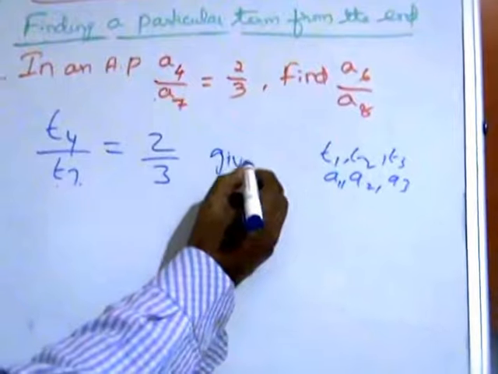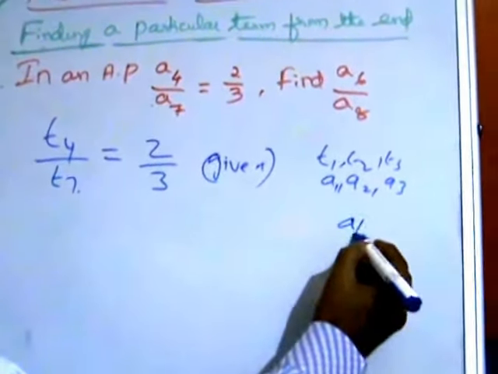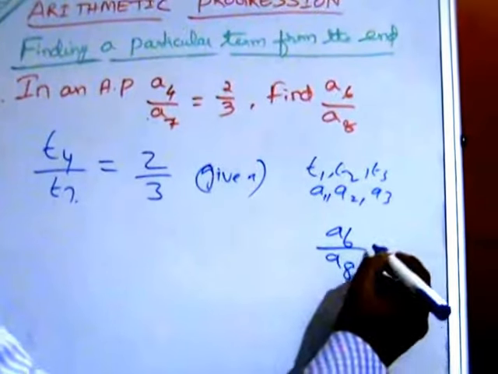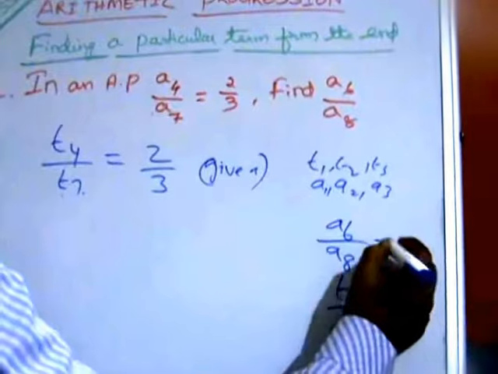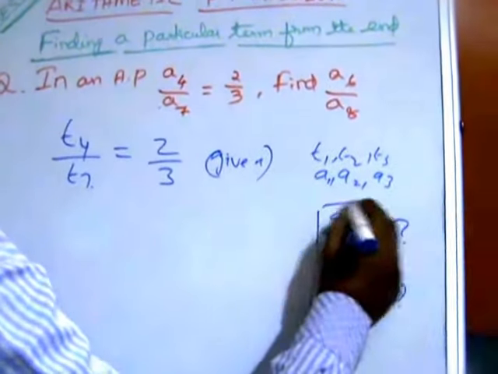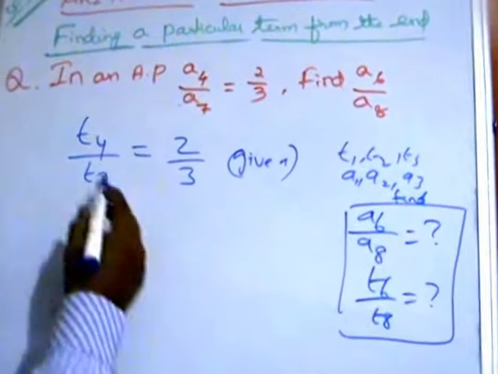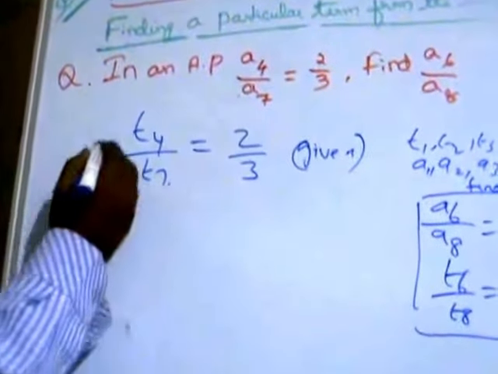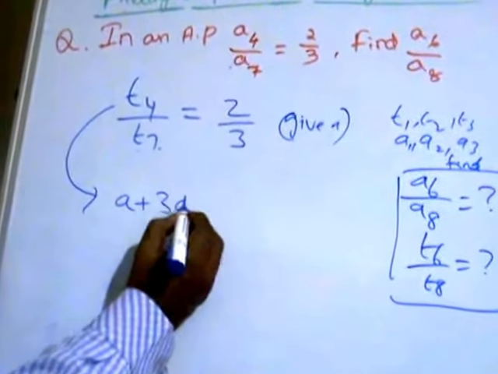So this is given. Always the given should be used. We have to find A6 by A8, that is term 6 by term 8 equal to question mark. This we have to find out. Term 4 we taught already. Term 4 directly we can put as A plus 3d.